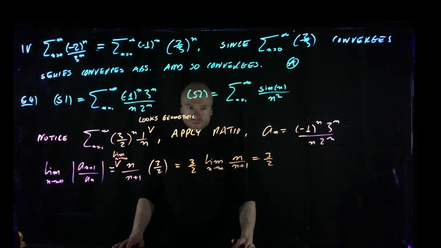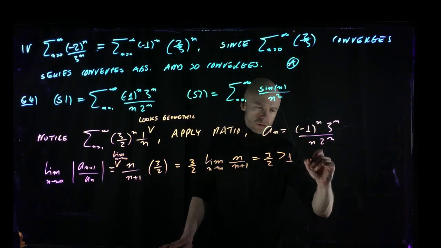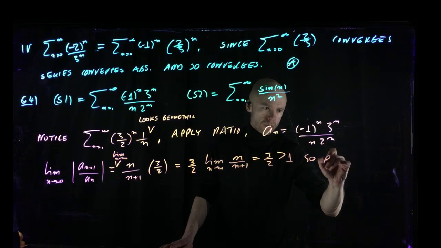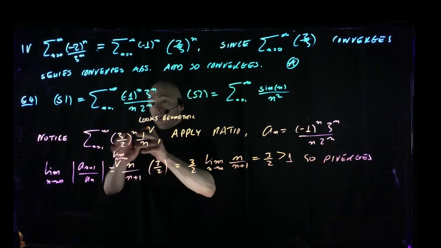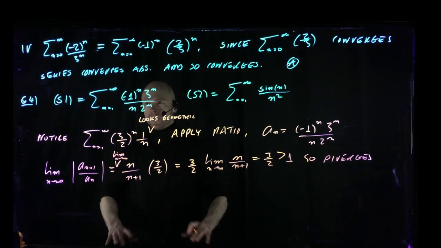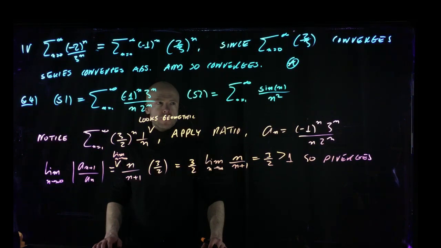And that's it. So this is bigger than 1, so it diverges. And what this confirms is that at its heart, this thing is like the geometric series (3/2)^n. So this thing diverges, and that's it. We don't have to think anything more about that.